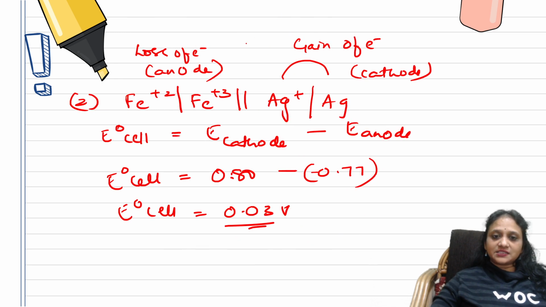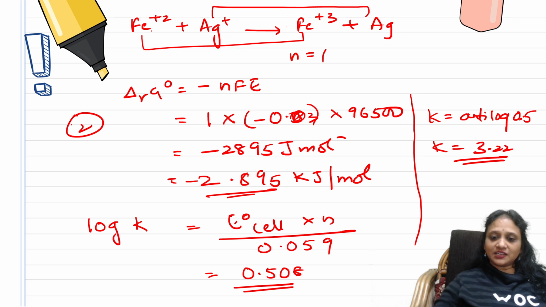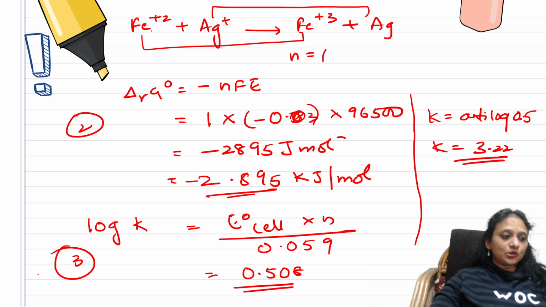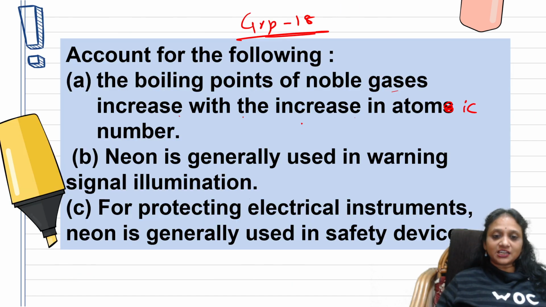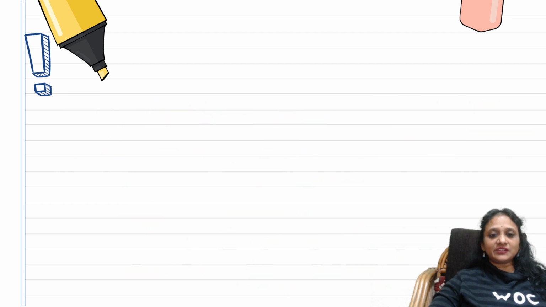Second, again, step 1 for calculating for iron and silver. Step 2, a little bit clean explained. And step 3. This covers all the concepts of electrochemistry. Then comes your inorganic chemistry. So all the three reasoning questions, how to write in the exam also, I have explained.